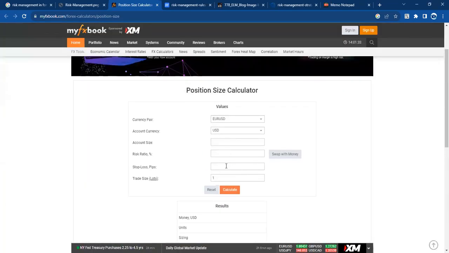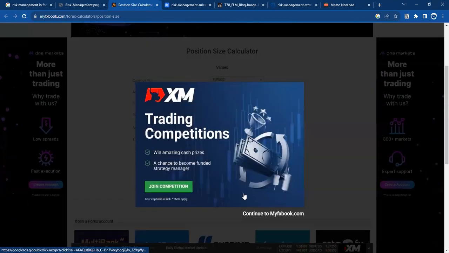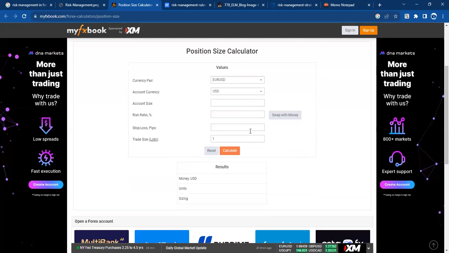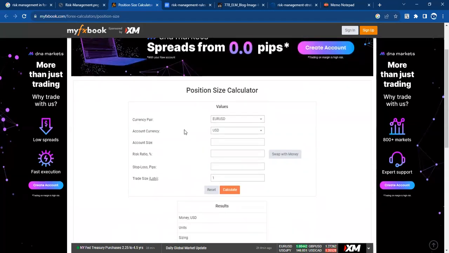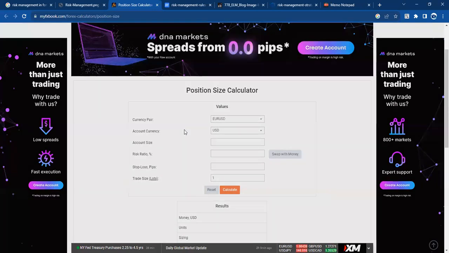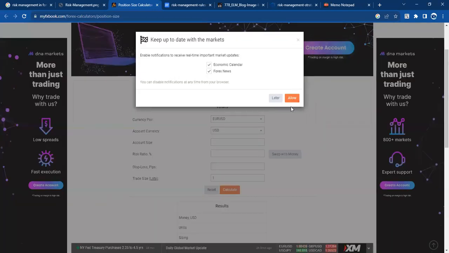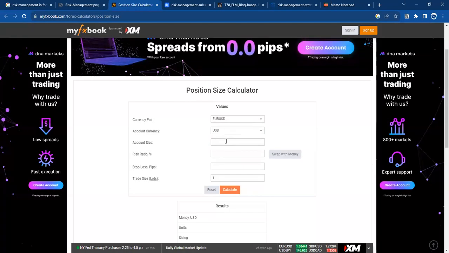You can use it to calculate your positions. So it makes it very easy for you. So in this case, we are going to do how to calculate the right lot sizes for your trades. It is very important to calculate the right lot size to use for each trade.